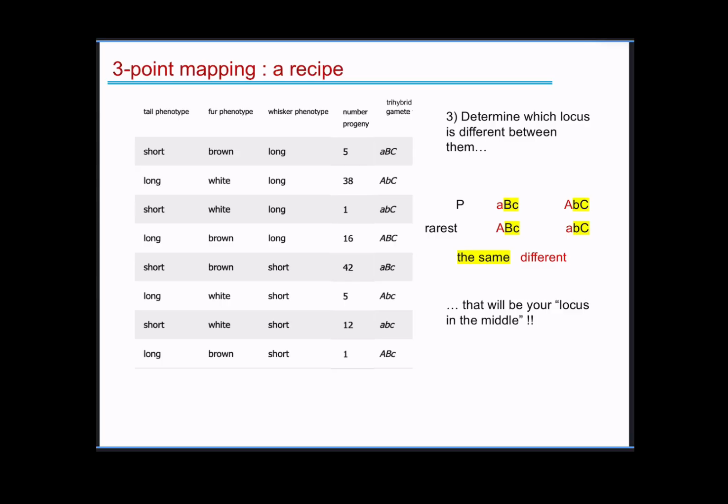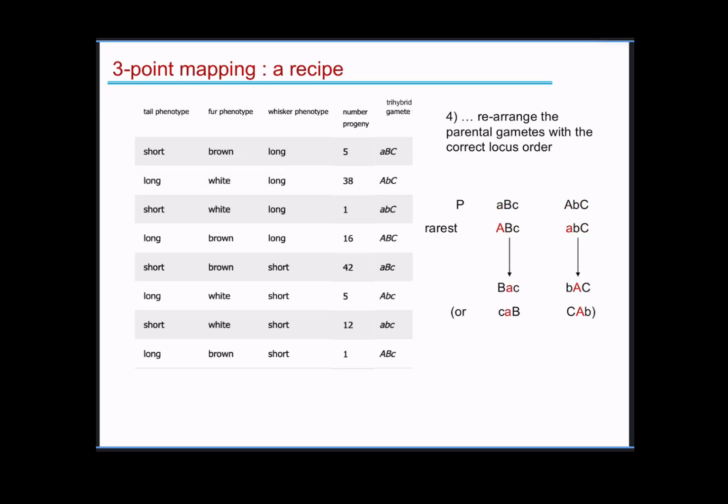Okay? So we were writing ABC because we didn't know any better. Now we have some information. Now we know that locus A is in between B and C. So we can rearrange the parental gametes with the correct locus order. So now instead of saying ABC, I'm going to say BAC. BAC.